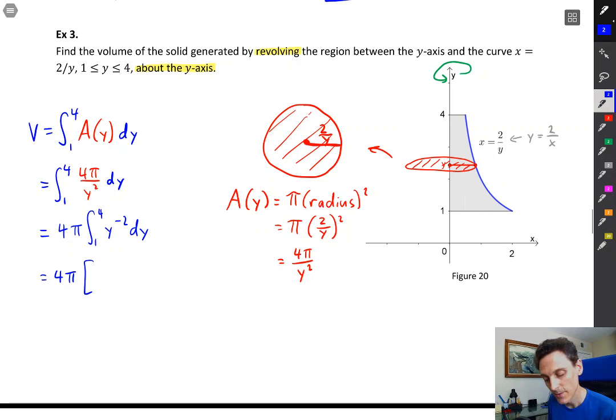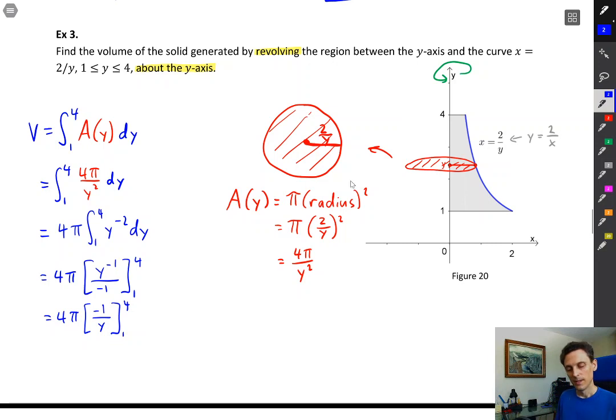So our antiderivative would be y to the negative 1 over negative 1 from y equals 1 to y equals 4. I could clean that up a little bit and write this as negative 1 over y from 1 to 4. Dividing by negative 1 is the same thing as multiplying by negative 1, so you get negative y to the negative 1, so that's negative 1 over y.